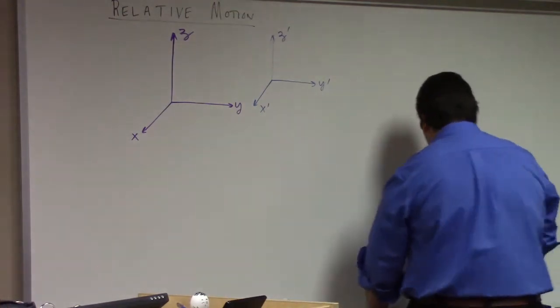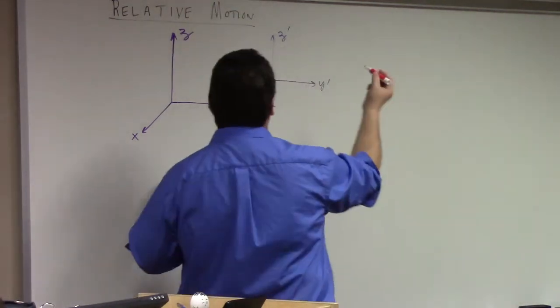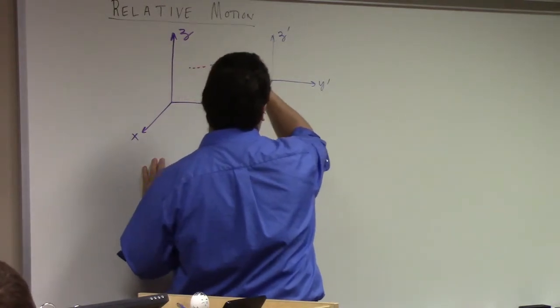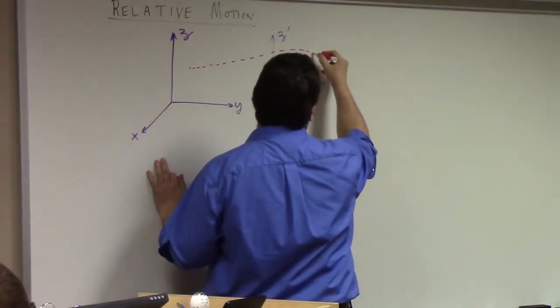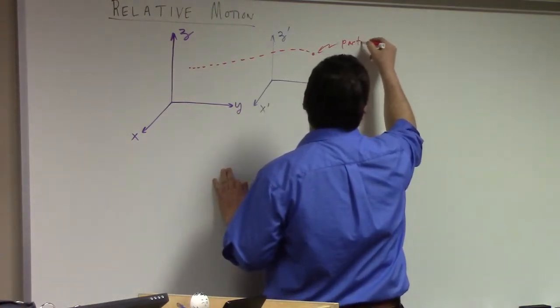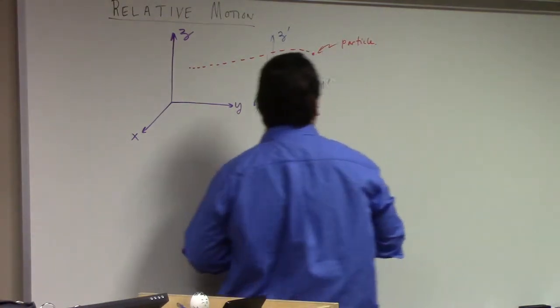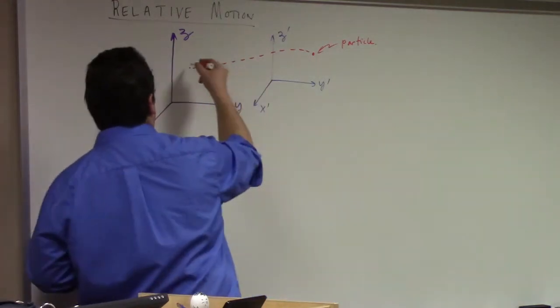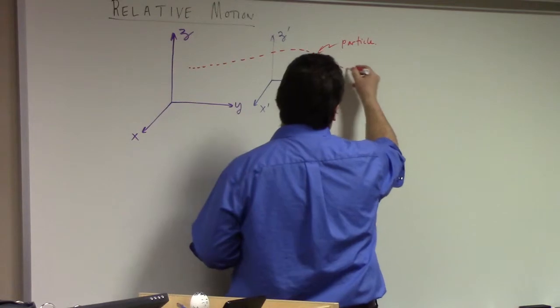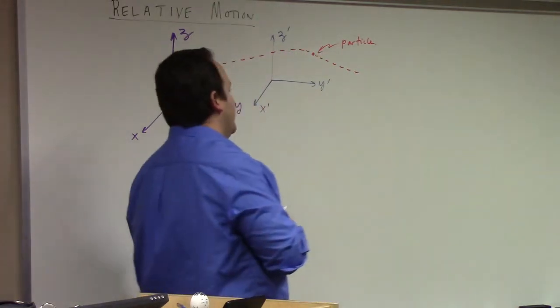So, let's suppose we're talking about a particle, and it's traveling some path, whatever. And let's suppose it gets to right here. So here's the particle, and here is some indication of its path. I don't really care about its future or its past path.